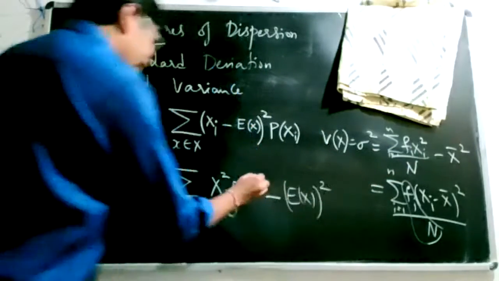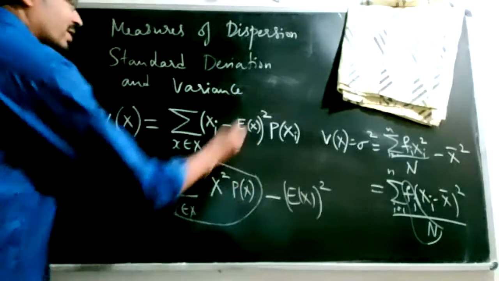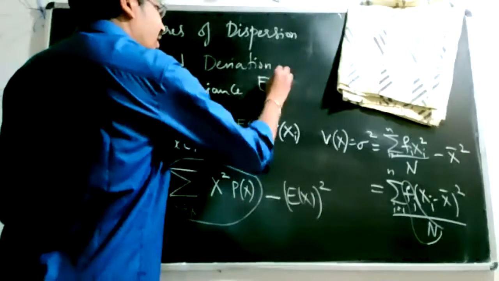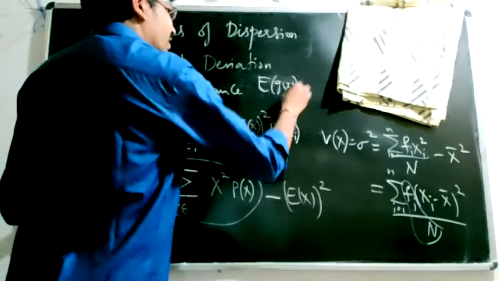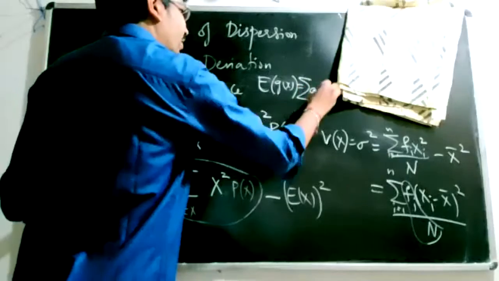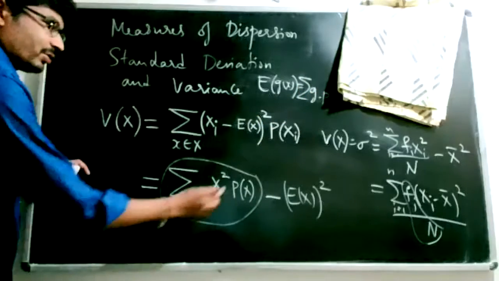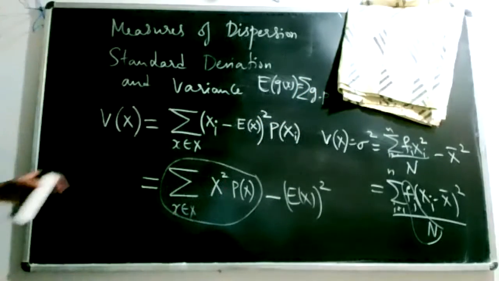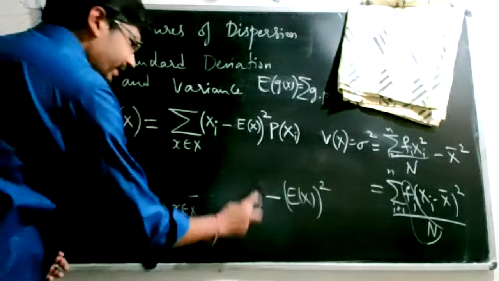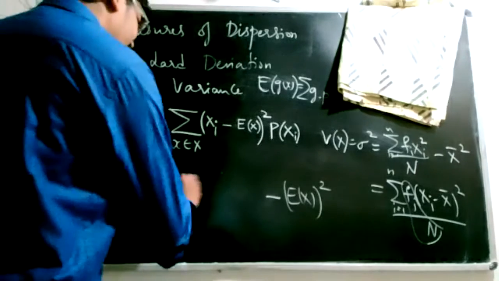Now if you look into this function, this is your e of g of x. Now any e of g of x is summation g of x into p of x. So in place of g of x I have x square, so I can write this as e of x square.